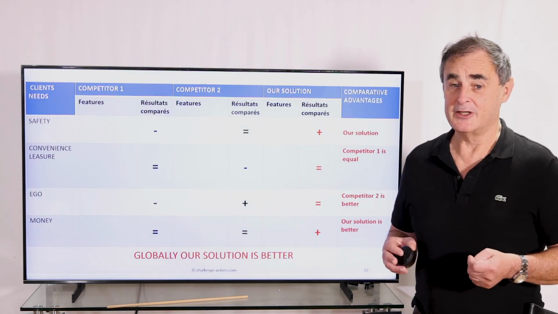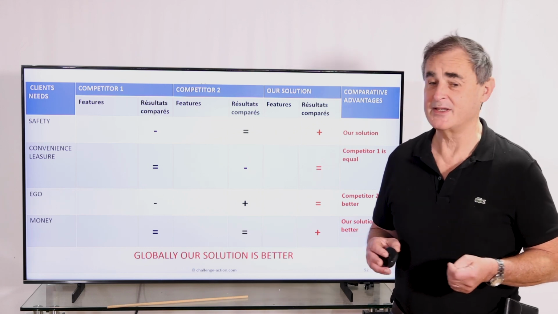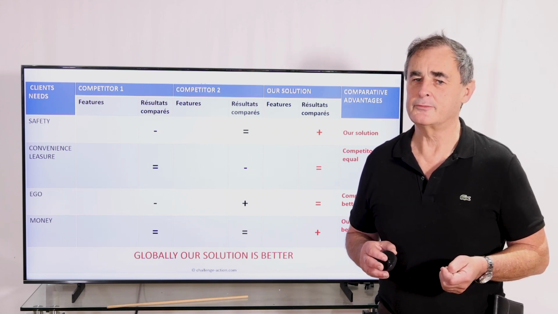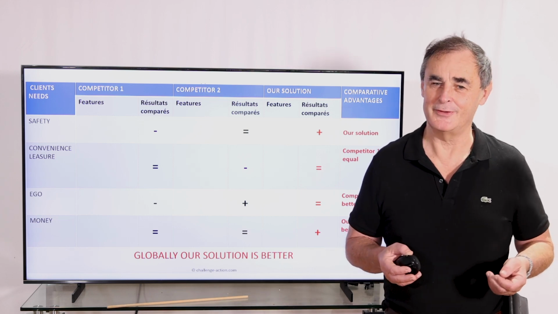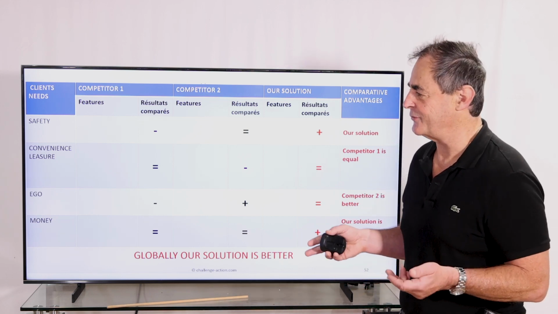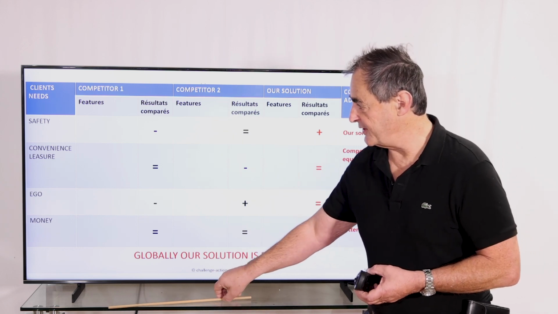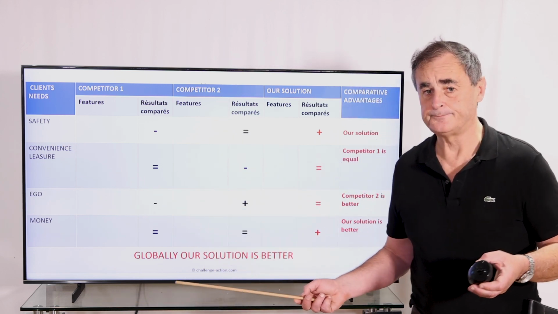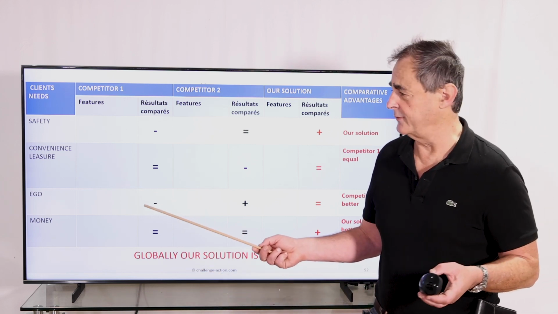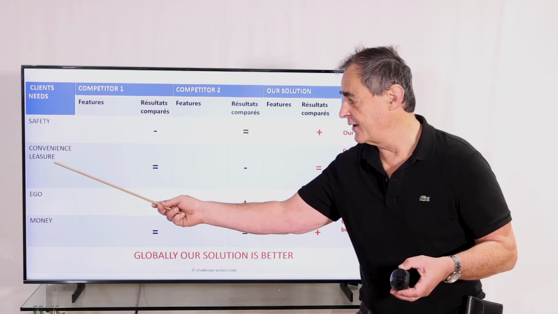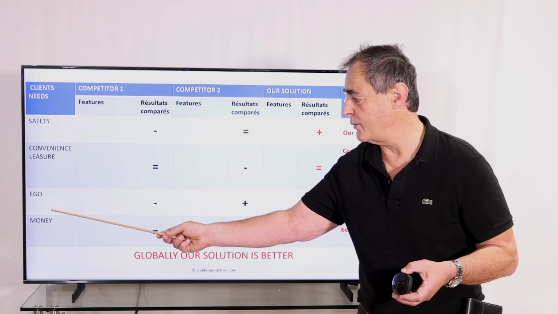Now, I'm going to finish with this one. This one is more complicated, and you are required to know exactly the characteristics of your competitors. So on the left column here, you are going to put the needs of your customer, and I take here the motivations like safety, convenience, ego, money.